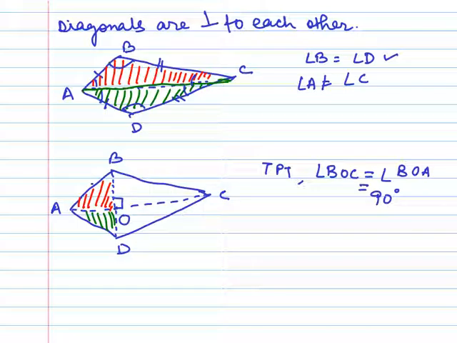In these two triangles, because it is a kite, this side is equal to this side, AB is equal to AD. Side AO is common.